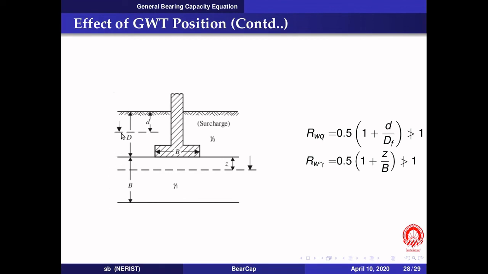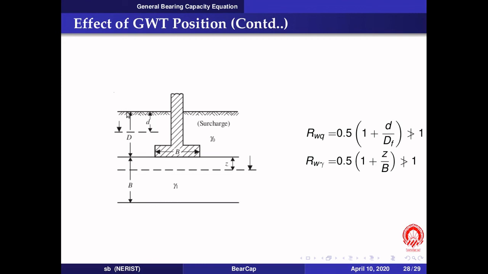This density affects the surcharge portion of the bearing capacity and also the weight of the soil. That is why the N gamma term and the NQ term need to be multiplied by 0.5, or reduced to half, if my water table is just at the ground surface.